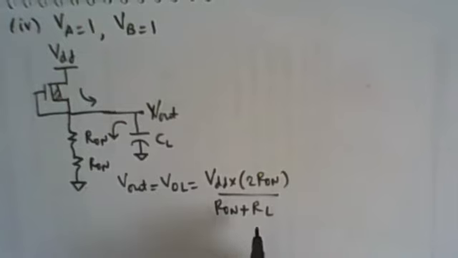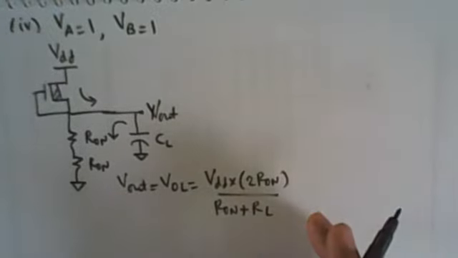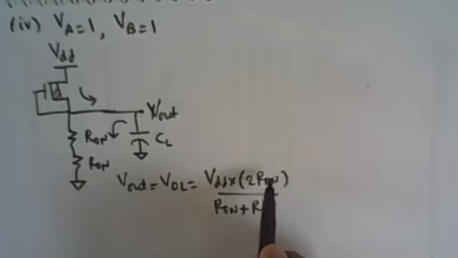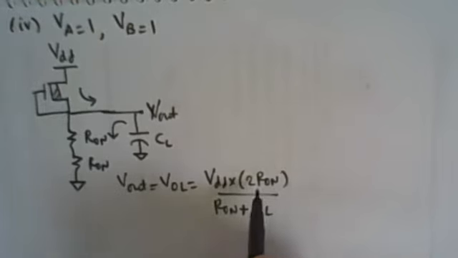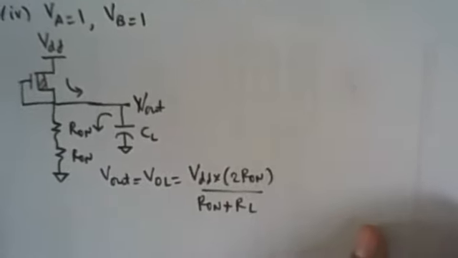Whatever VOL value we get is worse compared to the VOL of the inverter, because here it is 2 times, with both MOSFETs in W upon L. It increases the on resistance, so the VOL value is higher than the inverter structure's VOL value. Now our aim is the derivation of VOL.